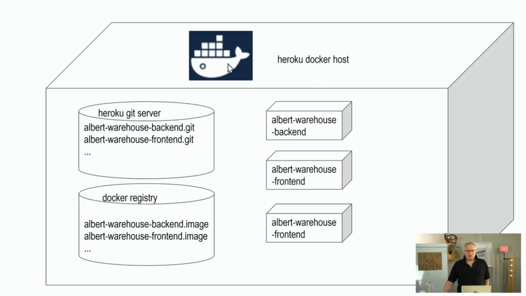And there is a dedicated API where you can actually speak to this whale here, to the Docker host system, and ask Docker to start a new computer for you, or to stop it, or to update that computer to a new version and these kinds of stuff. And this is what Heroku actually provides for you.